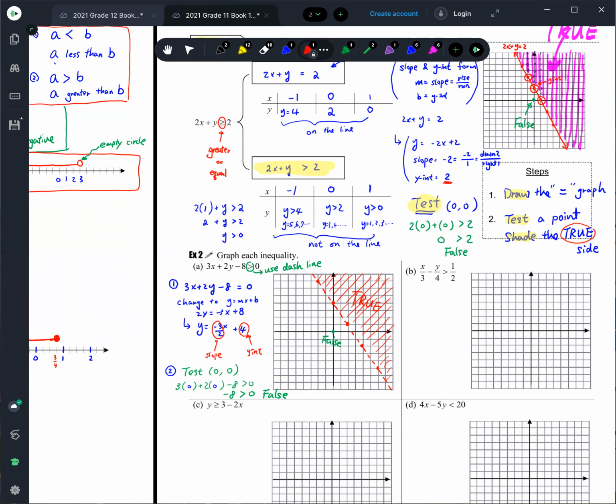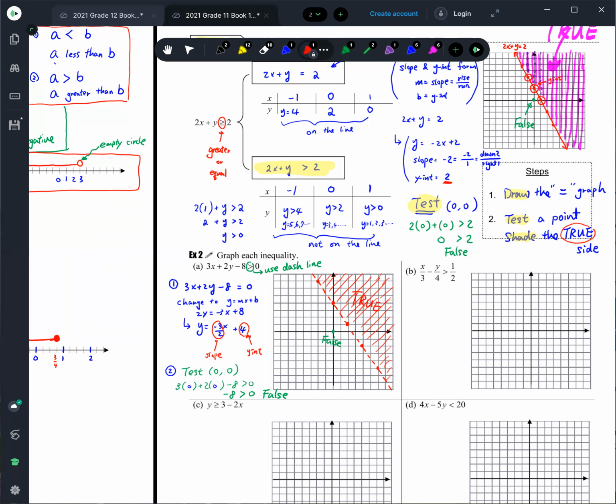So all you need is just 1 point to test it out. If you plug in 0, 0 and it's true, then you shade the side that has 0, 0. Is that clear how the shading works? It's not flipping a coin to shade, all right? You have to test it.